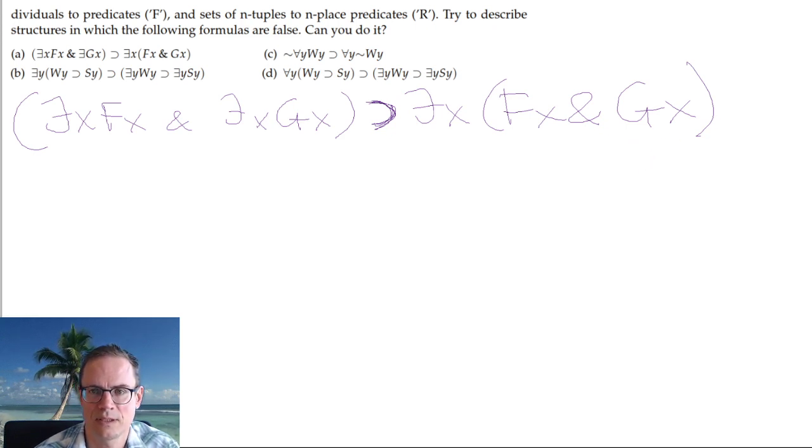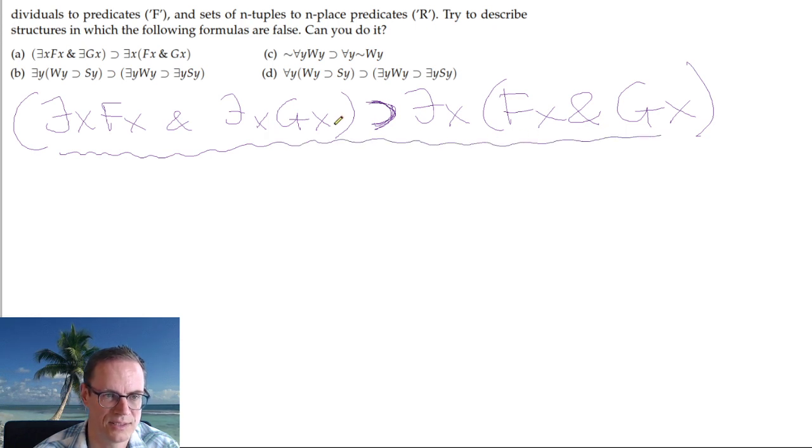Well, the question asks us to try to describe structures in which it's false. If we want to make this come out false, and this is a material conditional, we have to find a situation where the antecedent is true and the consequent is false. Because remember, that's what the truth table of horseshoe says: TTFF, TF, TF.